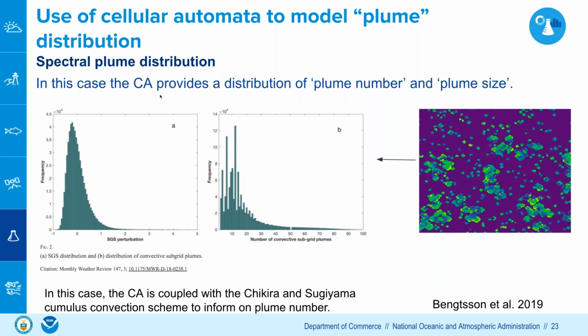In this case, the CA then provides a distribution of a plume number and plume size. So just a schematic idea of what this can provide, and we use that to sample this plume number for a number of convective plumes in the Chikira-Sugiyama scheme.